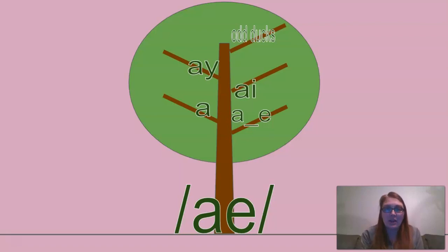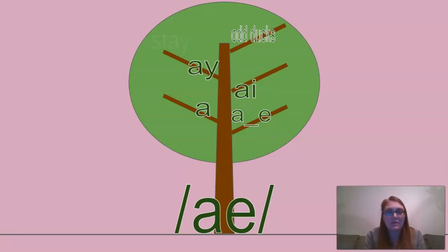Our new tree is the long A sound tree. And if you notice, every branch has a different spelling. We have the single A, AY, A space E, AI, and at the very top, odd ducks. Those are words that make the A sound, but are of a different spelling.